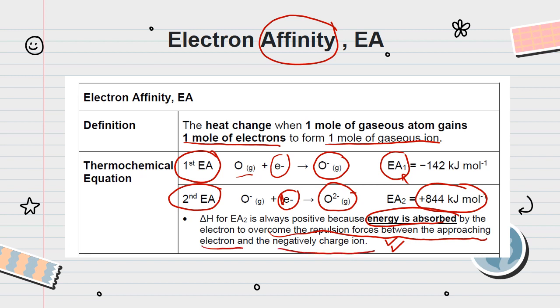As you can see here, when we are already negatively charged and want to gain another electron, there must be electron repulsion. The electrons already in our orbit, and the incoming electron wanting to enter, of course will repel. So that's why we need absorption of energy in order to overcome the repulsion forces. In the exam, if the question asks why the second EA always has a positive value, please answer like this.